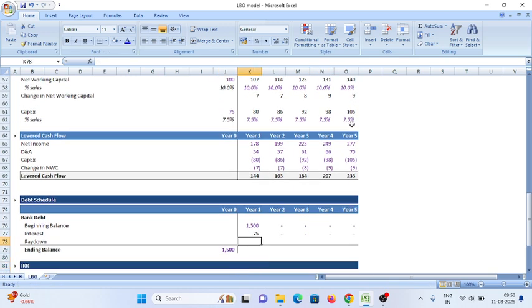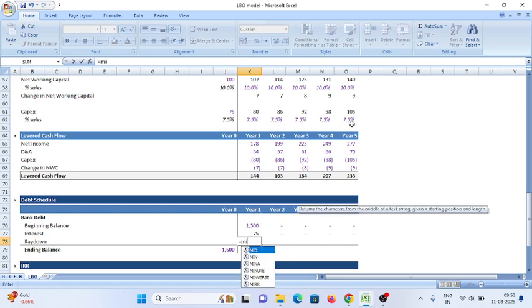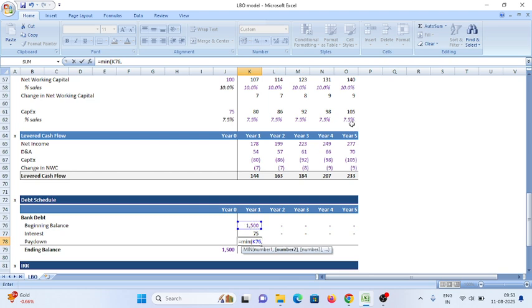And next we have pay down. How much is the private equity firm going to pay down debt every year? Usually, private equity firms reduce the debt from the free cash flows the company generates. Usually, the entire free cash flow is going to be used to reduce the debt. You can use the MIN formula here because it can take either the opening balance or your free cash flow.